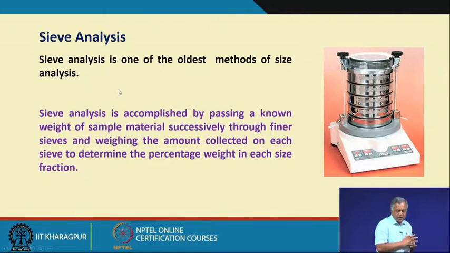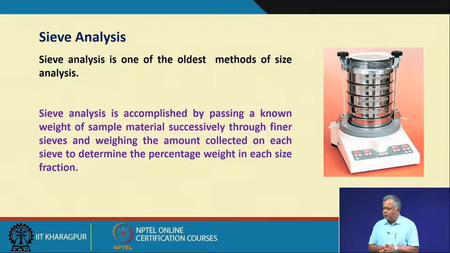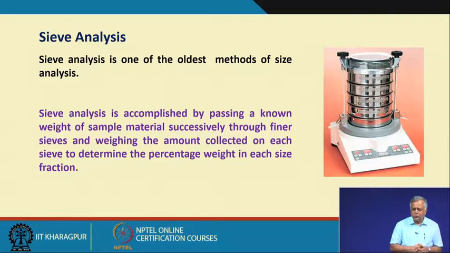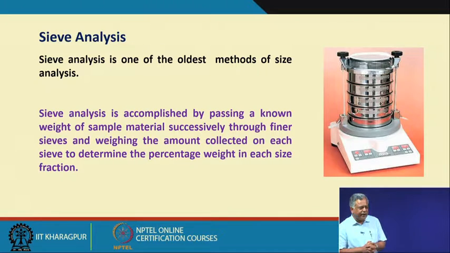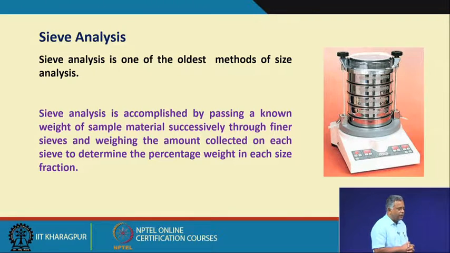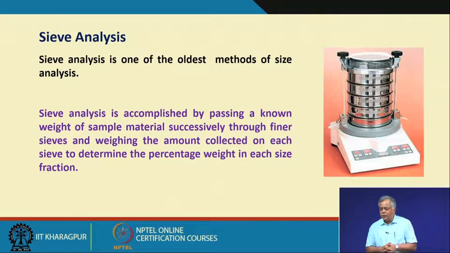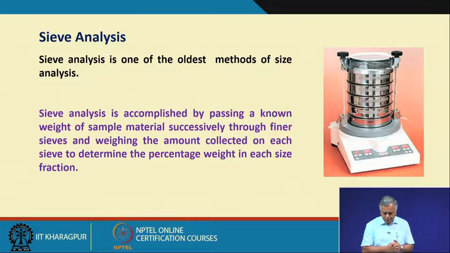So, how is the sieve analysis performed? It is a very cheap method, and the equipment is also very simple, and the data is reproducible and reliable if certain precautions are taken beforehand, or if the test is done carefully.